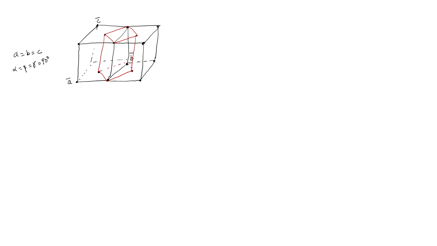So, in fact, this becomes a new or an alternate unit cell for the same lattice, where now I have lattice points only at the corners. So, it becomes a primitive unit cell.